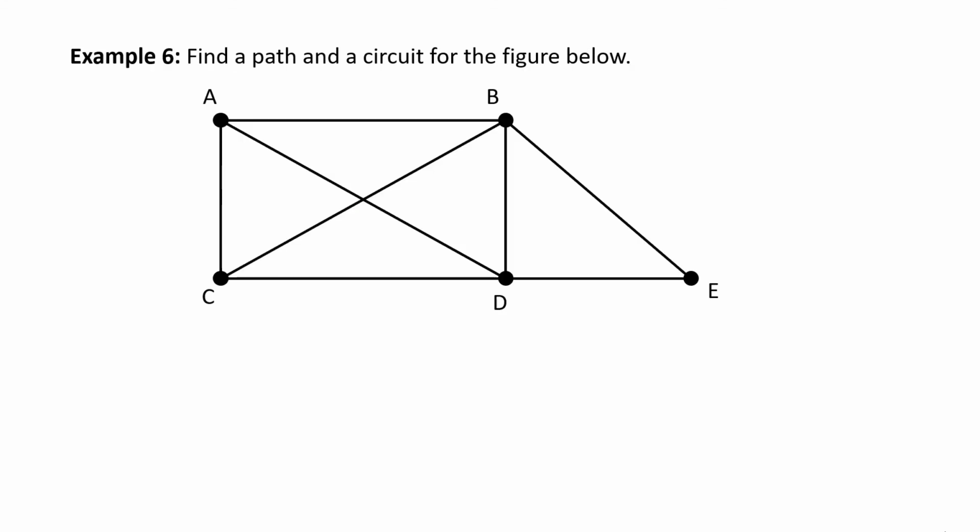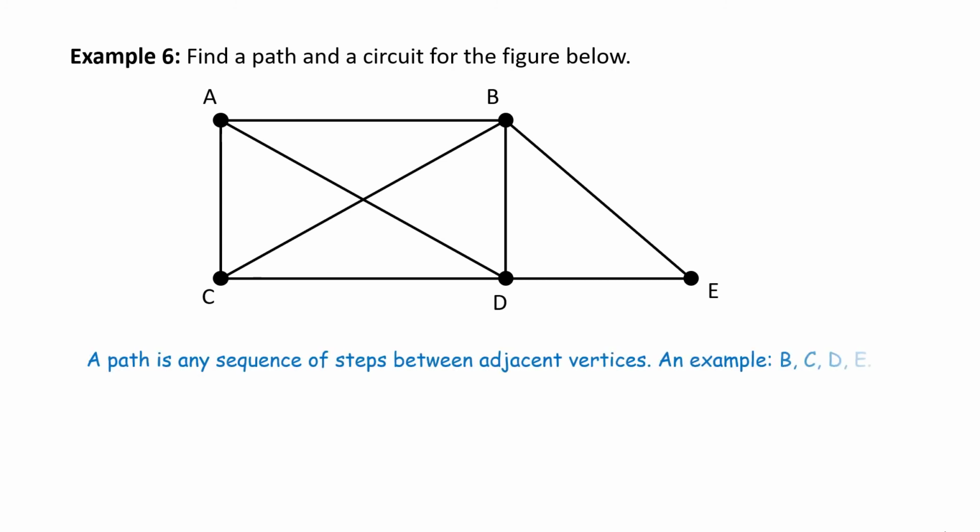Example, find a path and a circuit for the figure below. There are many paths and many circuits, we'll do one. Remembering that a path is any sequence of steps between adjacent vertices.